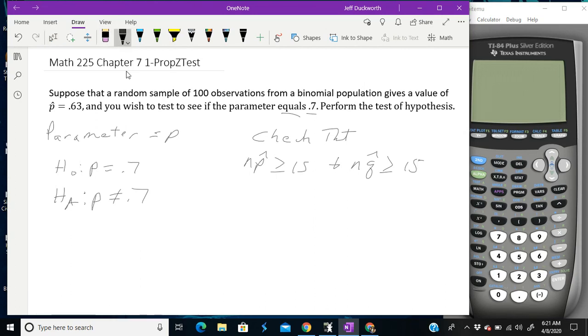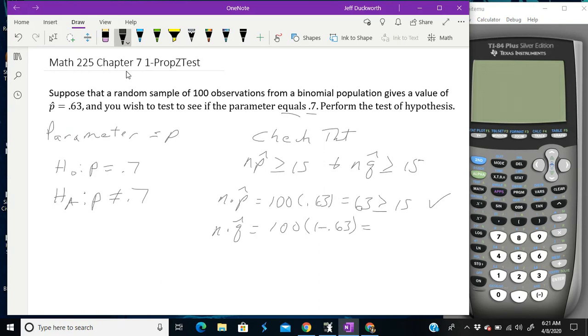So here p hat is 0.63, so n times p hat equals 100 times 0.63, which is 63, and that's certainly at least 15, so that's okay. And then n times q hat equals 100 times 1 minus 0.63, which is what q hat is.